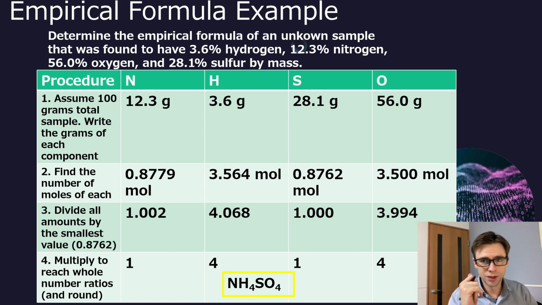But the reason why 100 is so powerful is because when you have percentages of 100 grams, you can just immediately convert those percentage numbers into gram numbers. Think about it. 100 grams, what's 12.3% of that? 12.3 grams. What's 3.6% of that? 3.6 grams. So you can just immediately change those percentages into a mass, a gram number.